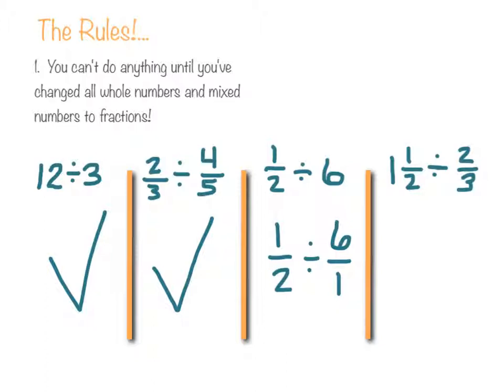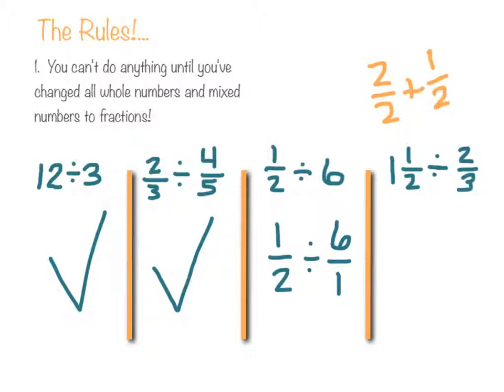Then we move over to the mixed number divided by 2/3. When you look at a mixed number, we can also change that to fraction form by making it an improper fraction. To do that, you can think of the 1 in this case as 2/2. That's still equal to 1, but we've written it as 2/2. Plus, it also has 1/2 with it.